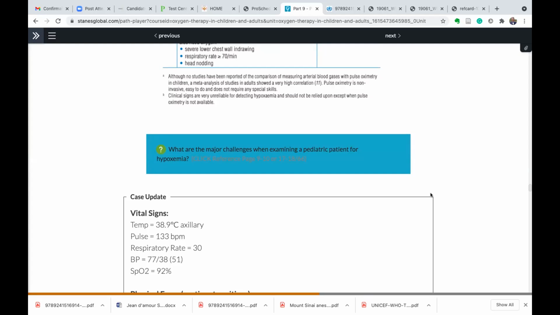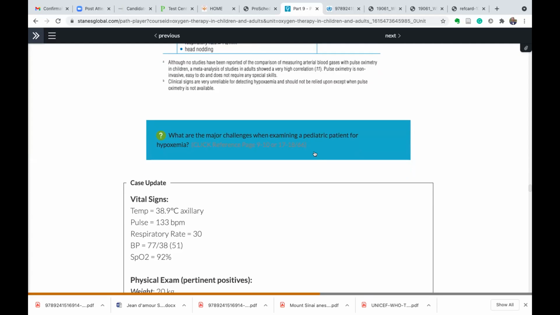I don't think we have a lot of time to go into those details, but we'll share the resource from the WHO, and you will see that most of the signs are non-specific. That's the challenge. There are multiple reasons a patient may have tachypnea, for example, and they can have tachypnea but not have low saturation.